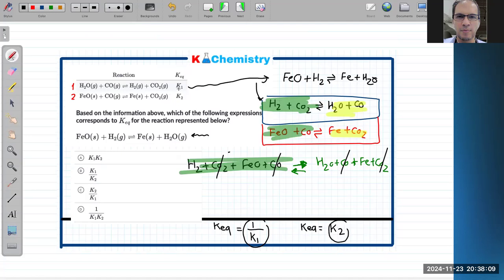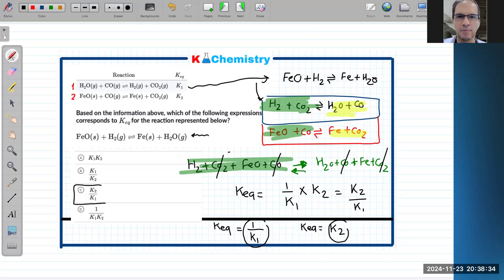Why did I take the reciprocal of the first because I reversed it, and why did I leave the second as it is? Okay. So the K equilibrium is equal to 1 over K1 multiplied by the second one, which is K2, and that's equal to K2 over K1. This is our right option.